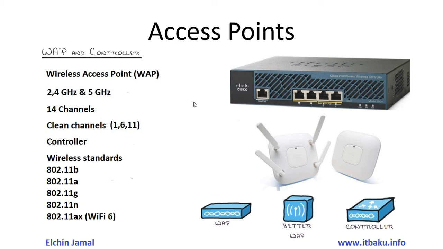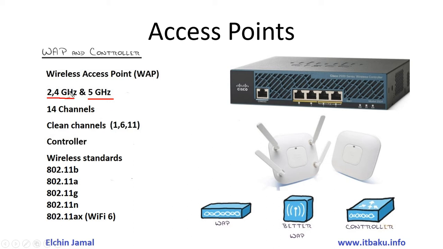Wireless access points work at 2 frequencies. It's 2.4 gigahertz and 5 gigahertz frequencies. Some access points support both of them, some support only one of them.